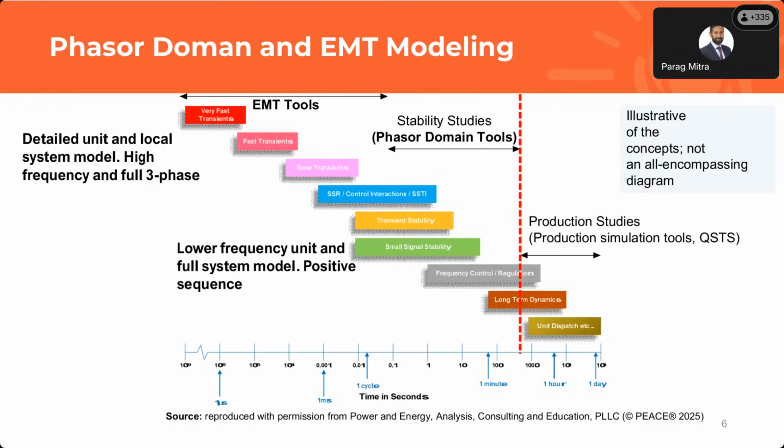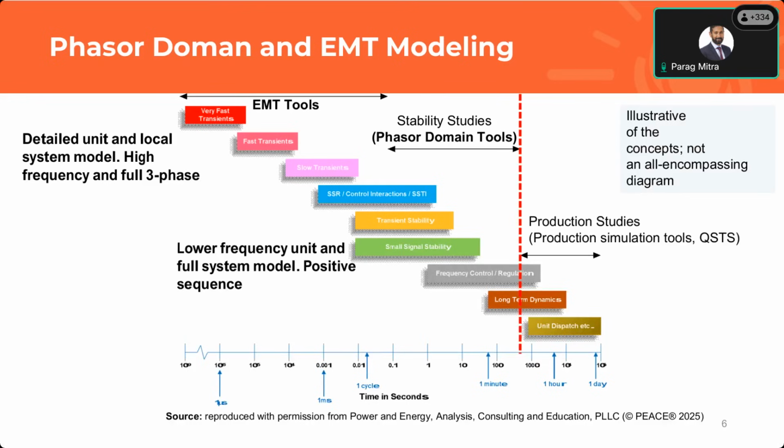So the first key idea that we cover in this document, and folks who have been part of the modeling community for a long time have heard this discussion over and over again, but we always have a lot of new folks joining in on these calls, joining in all these discussions and reading these reports. So we do spend quite a bit of time talking about phasor domain and EMT modeling.